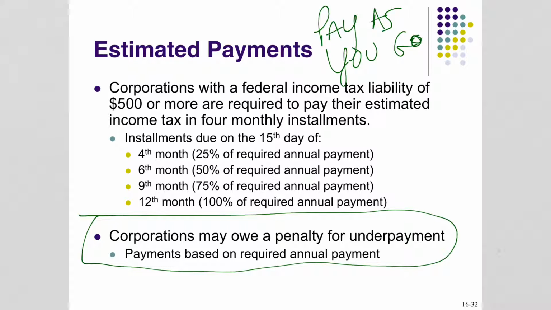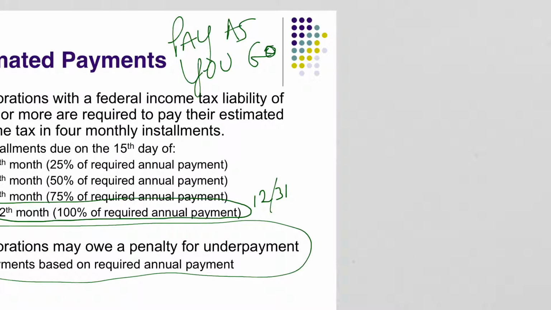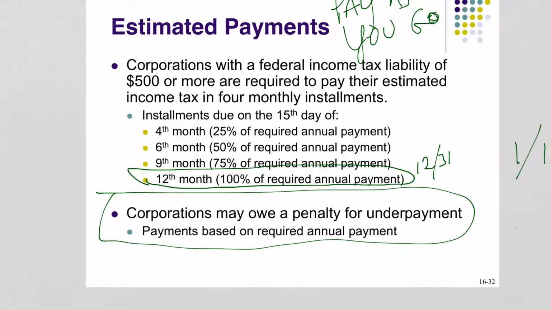One difference between individuals and corporations is that corporations have to make their final payment on December 31st, 12/31. Individuals get until January 15th of the following year. Not many days, but an important difference not to forget: corporations don't have that extra 15 days in January.